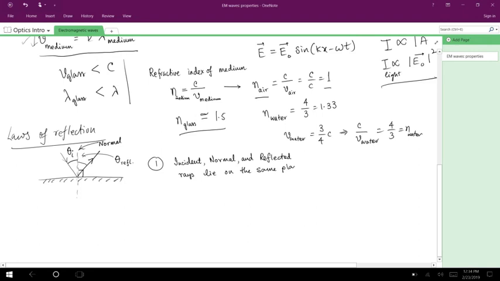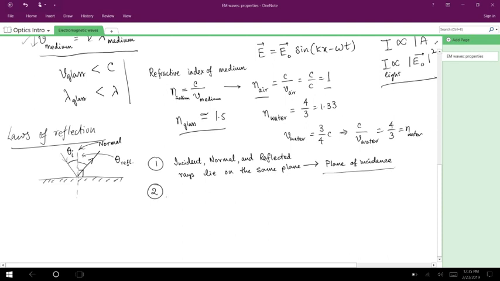Often this plane will be referred to as the plane of incidence, because the plane of incidence and the plane of reflection are exactly the same. As the law of reflection tells us, incident, normal, and reflected rays lie on the same plane, so we can just call that the plane of incidence. Okay, so that's the first law of reflection.